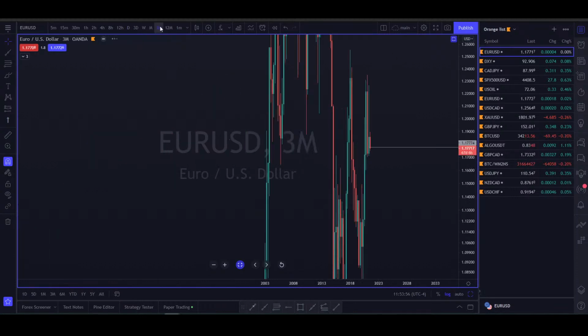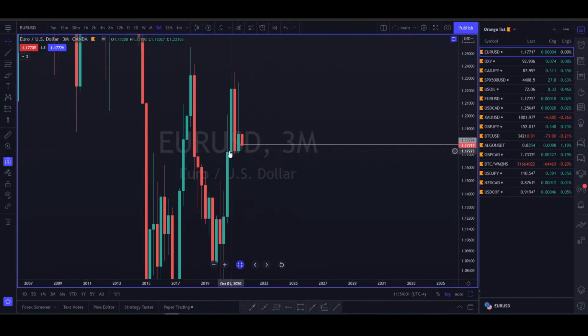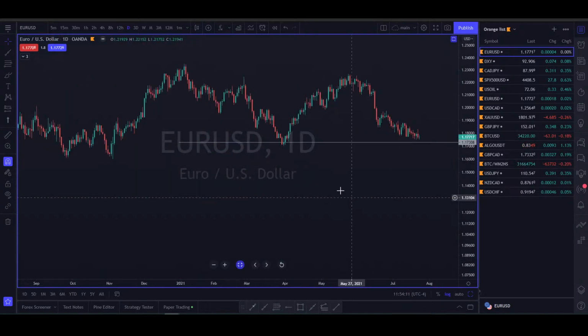You're in quarterly support, right? This is what's going on. You're into quarterly support. You're not far from it. That is that swing low. So if we go back into the daily, you can see it. That's that swing low. That's quarterly support. This is why it's getting harder and harder to go down. It's called exhaustion risk. The pro sellers aren't putting on short positions here.